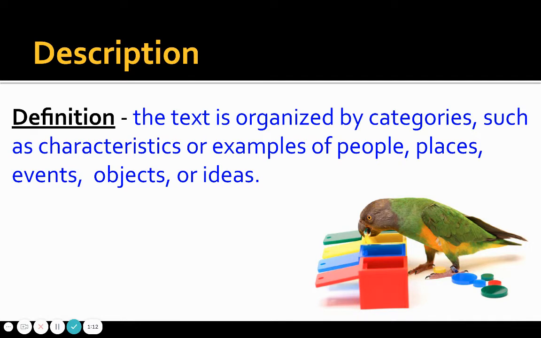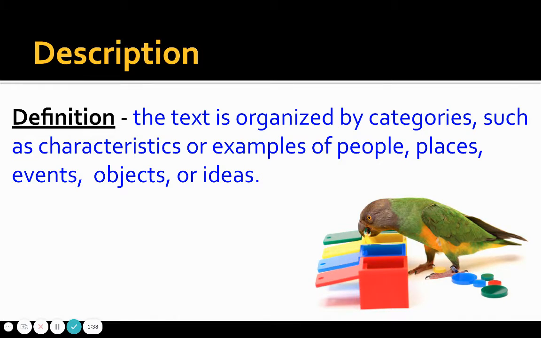And so that is how description text structure is organized. And you can see with this picture with the bird organizing his information, his little circles, into categories by color. And so if you're doing description text structure, you're going to take all your information and group them into different categories, and then just go through your article and describe that information.